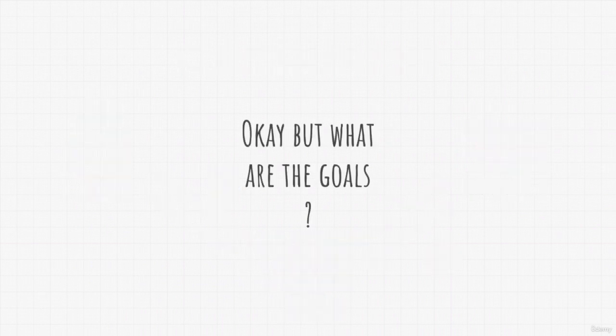Okay, good, but what are the goals of this? What exactly are we searching for? Which information could be of value to us? Usually, the first thing we search to identify a target is their IP address, or IP addresses if the target has multiple addresses that belong to them.